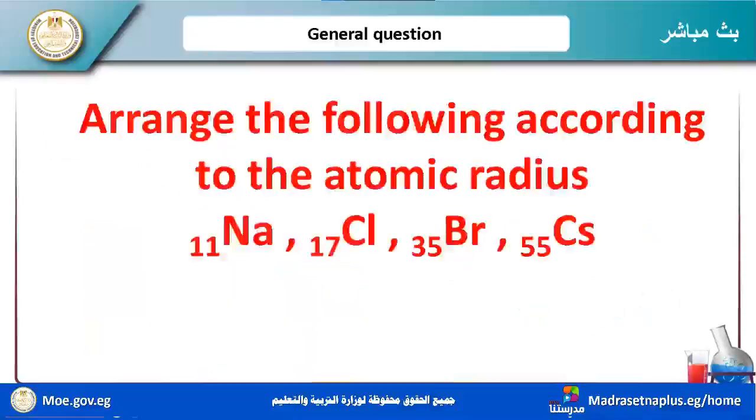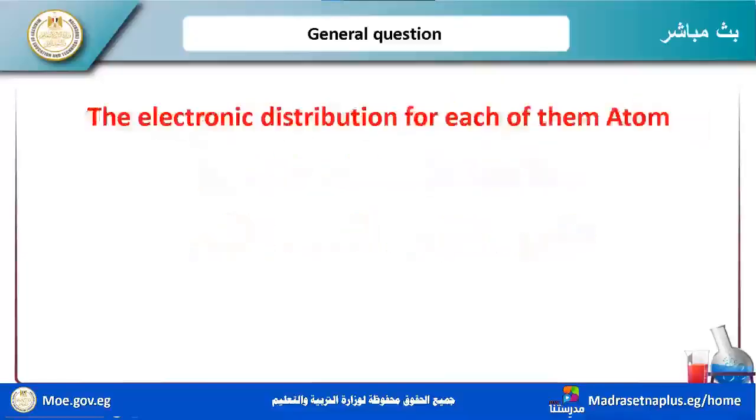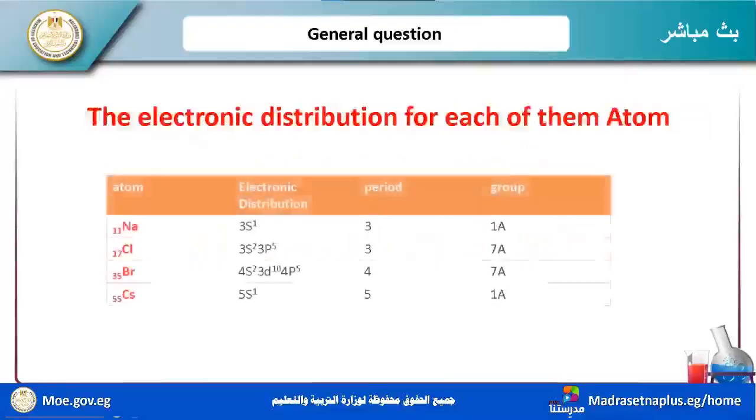Arrange the following according to atomic radius. You must write the electronic configuration of each one to know the position or location of each atom in the periodic table, and then you can arrange them. Now you must make this table.